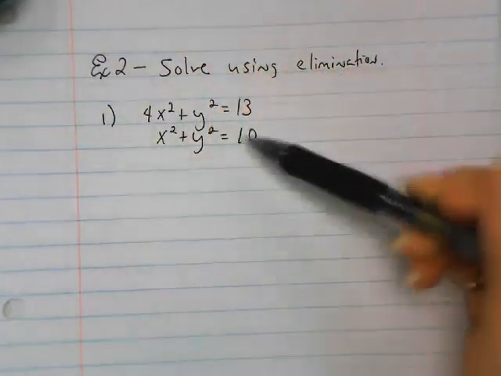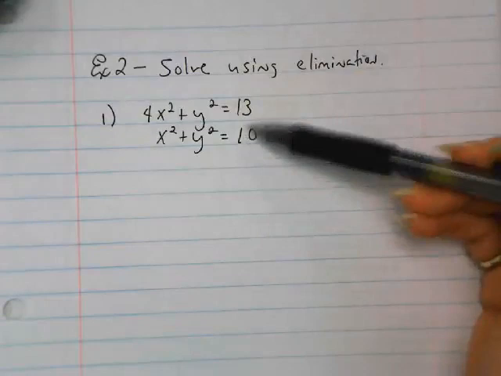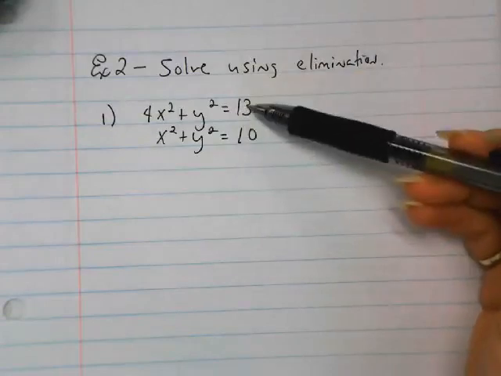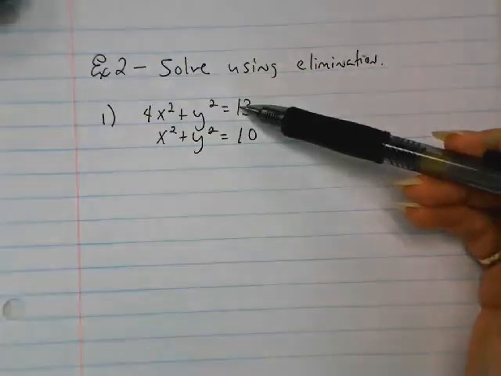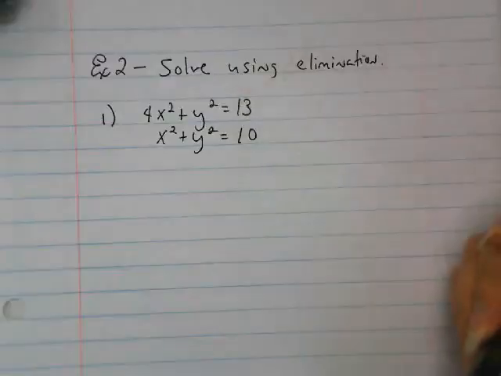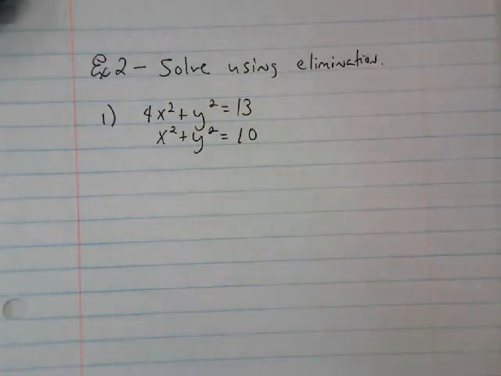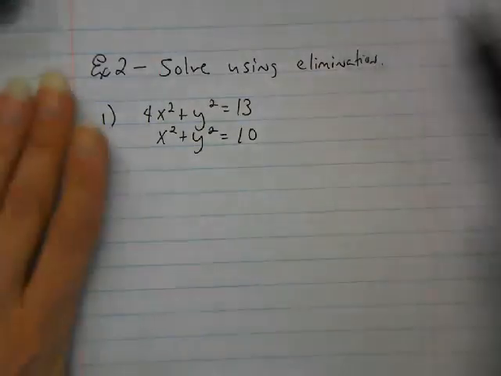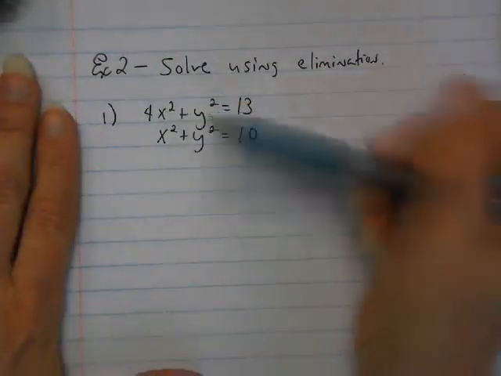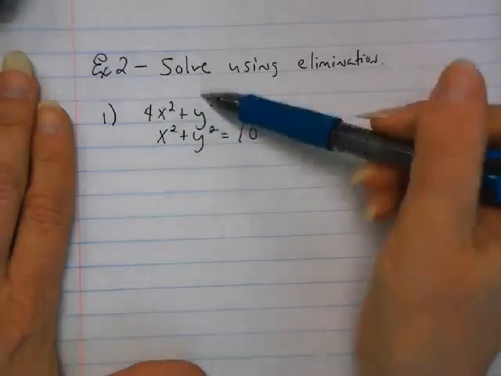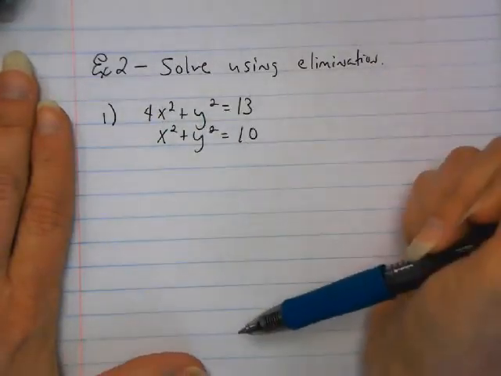So this time I've got, let's see, this isn't a circle, this would be an ellipse. Again, it's not that important that you know that. So what we're going to do is say, I need to eliminate either my x squared or my y squared. So look and decide what would require the least amount of work from you.